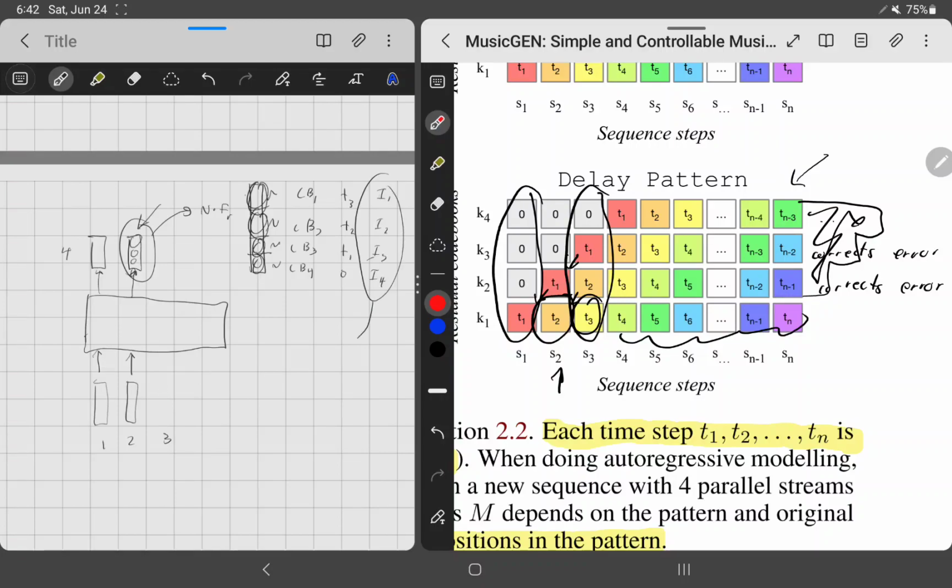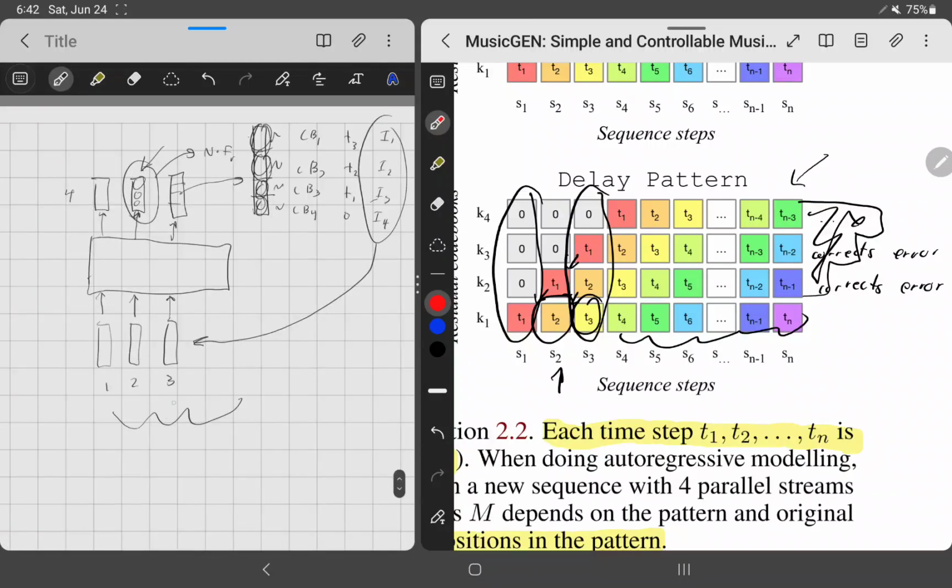Then, just like your normal autoregressive decoding strategy, you project this to an output distribution and model that token again, until you get however many tokens you want to generate 1 second of audio. And that's their strategy for doing this.